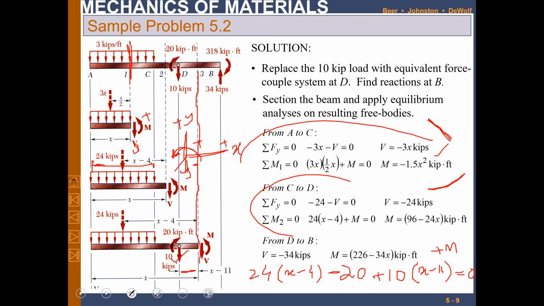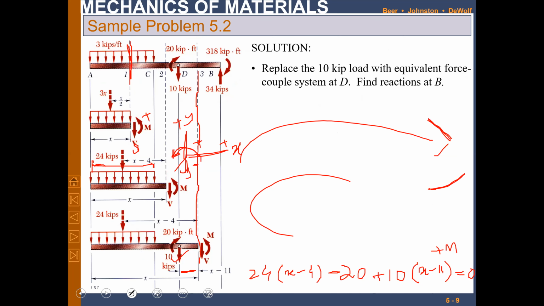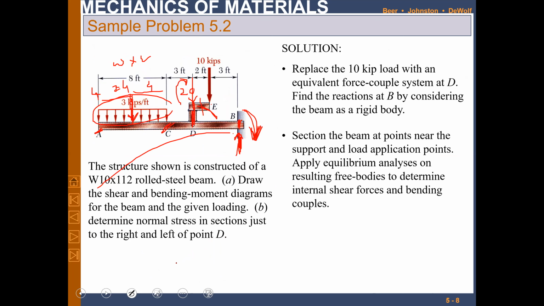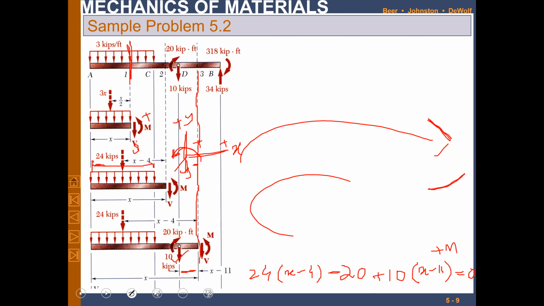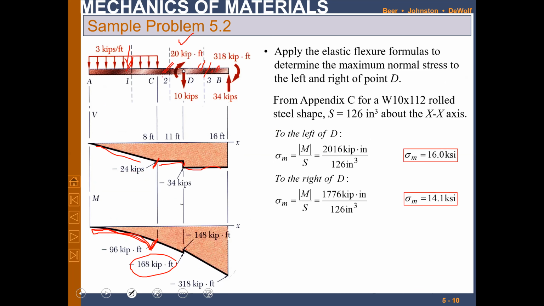Now the third one will be this one. So 226 minus 34x, and x will be, in this particular case, the maximum length. That is the total length: 3 into 2 is 5, 5 into 3 is 8, 8 into 2 is 16. So you will put the 16 over there. So 226 minus 34 into 16. So the net answer will be 318 kips feet, but that will be negative.